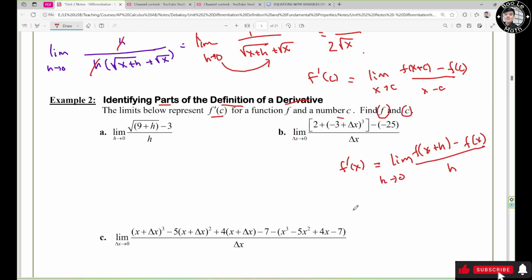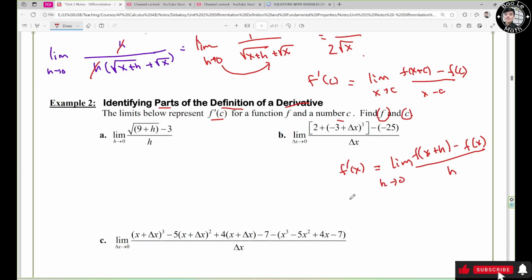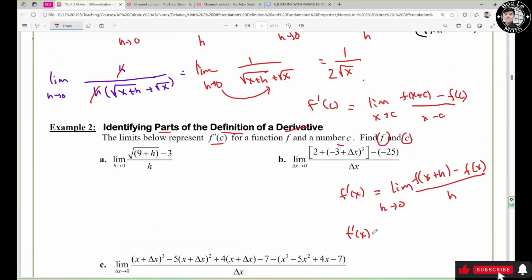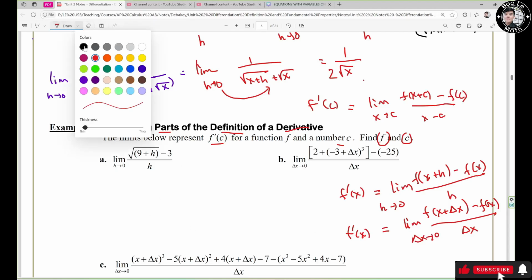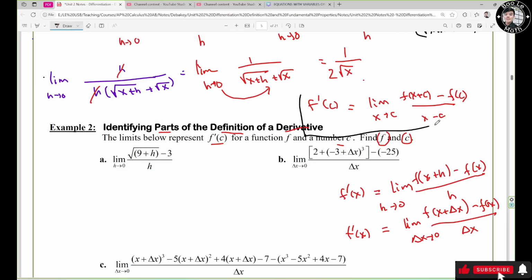And the third alternate formula is going to be f prime of s equals the limit of f of s plus delta s minus f of s over delta s when delta s approaches 0, right? So we have three forms right here.